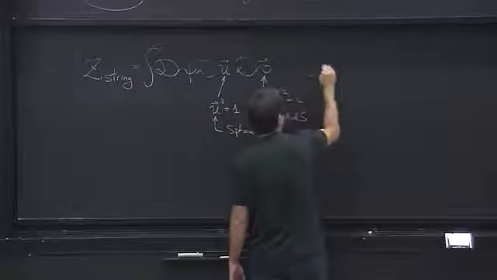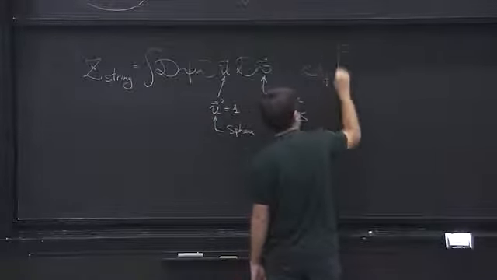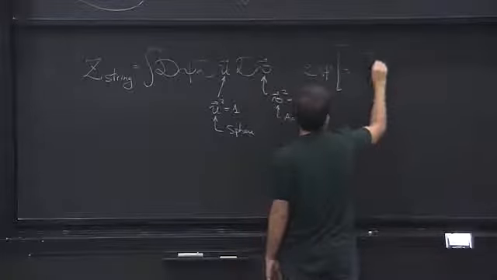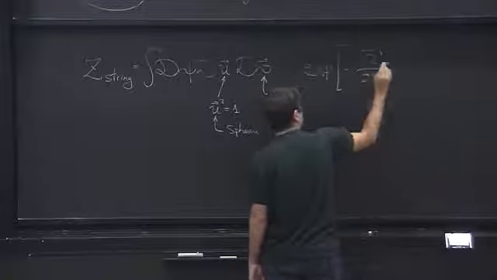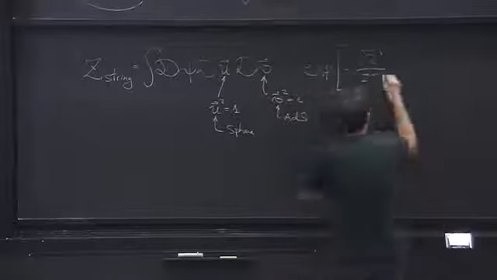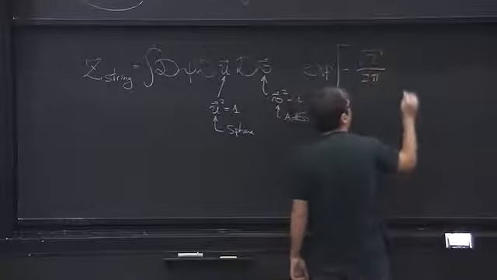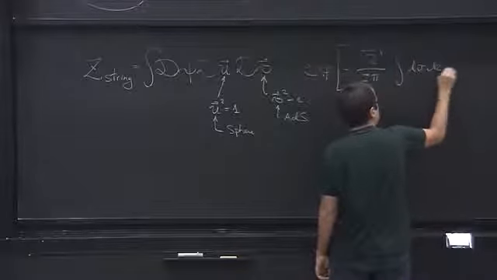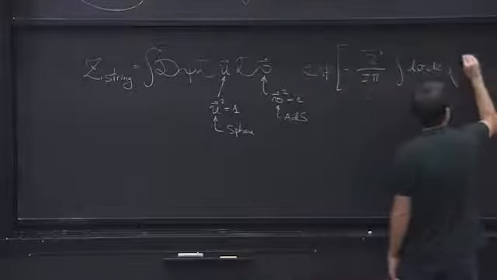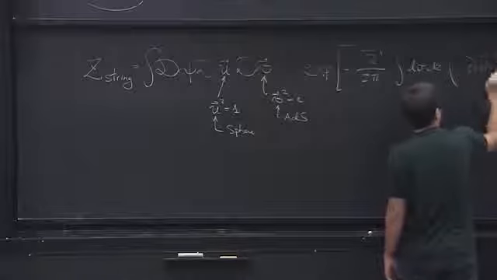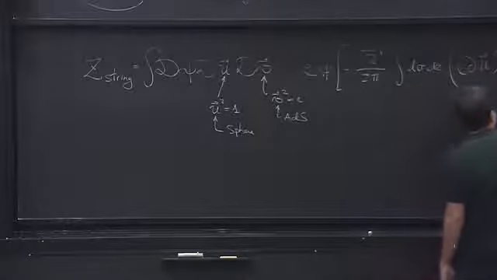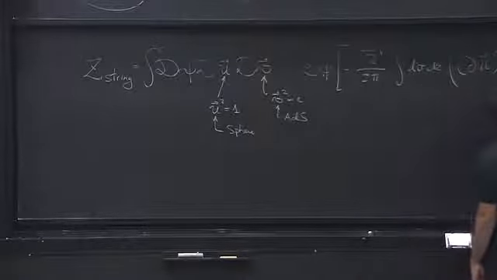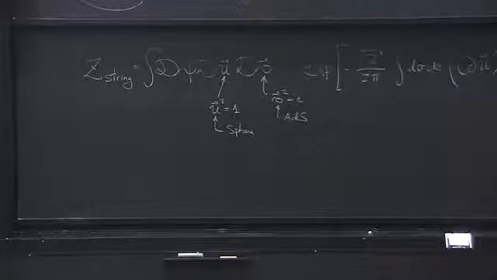And then exponential of minus some square root lambda, some string tension, which is related to square root of lambda, times, let me write what you would do, some term that would put the fields on the sphere.